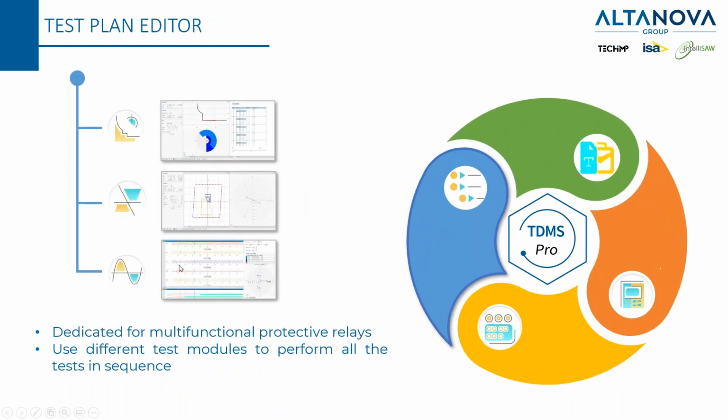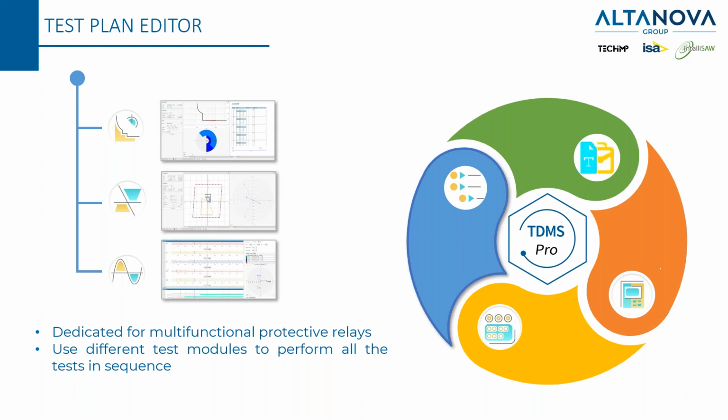The test plan editor gives the possibility to create a sequence of tests by recalling every software module dedicated to a specific protecting function. This is specifically designed for multifunction relays. The relay can be complex, can have inside 2 or 3 different protecting functions.